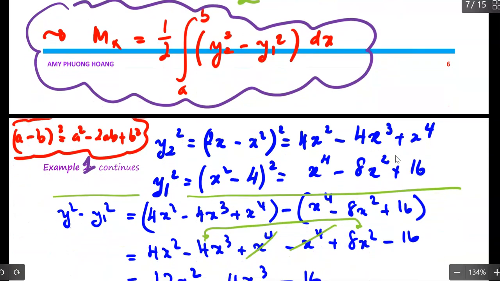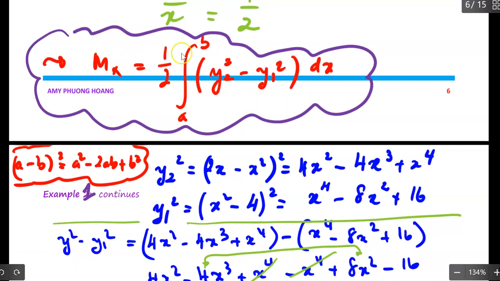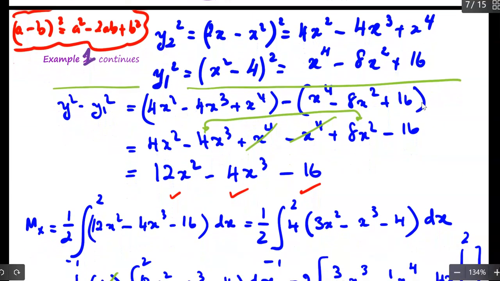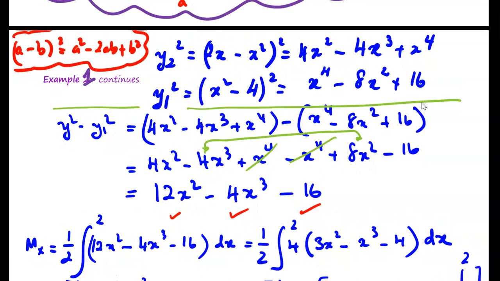And then we are going to use these formulas to find Mx, the 1/2, so that we can find the numerator for y bar. Okay, so 1/2, y2 squared subtract y1 squared, the vertical element as well. And then we are going to use our algebra skill. Okay, so this is very important. You can expand this by just multiplying this function twice, or they call it FOIL, but I just use these formulas, the special product, a minus b squared equals a squared minus 2ab plus b squared.